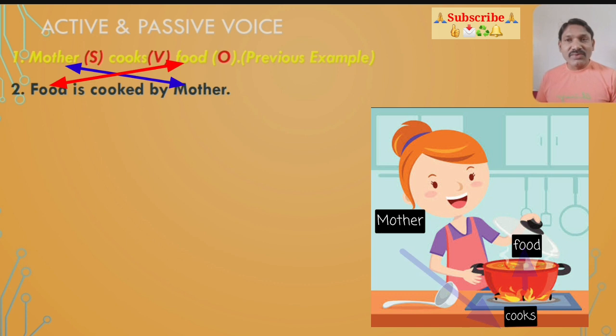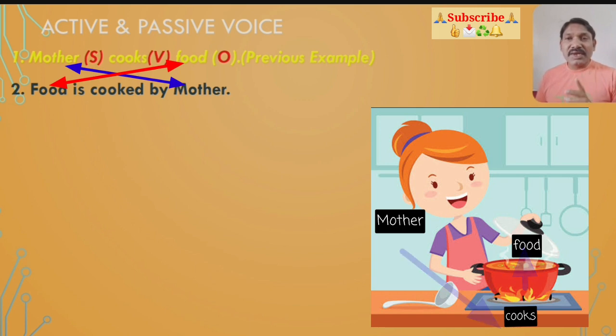Okay, students, have you understood? So here we can clearly see food was the object in the previous sentence. Now in this sentence, food becomes the subject. So here we can see the object becomes the subject. It means it switches its role.